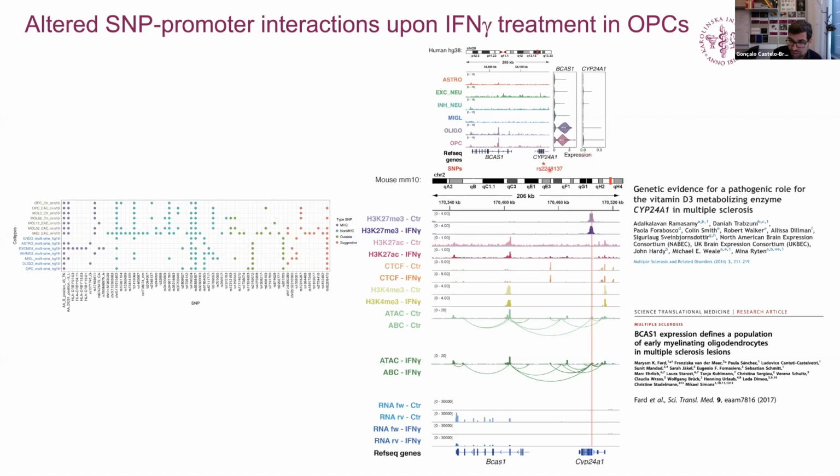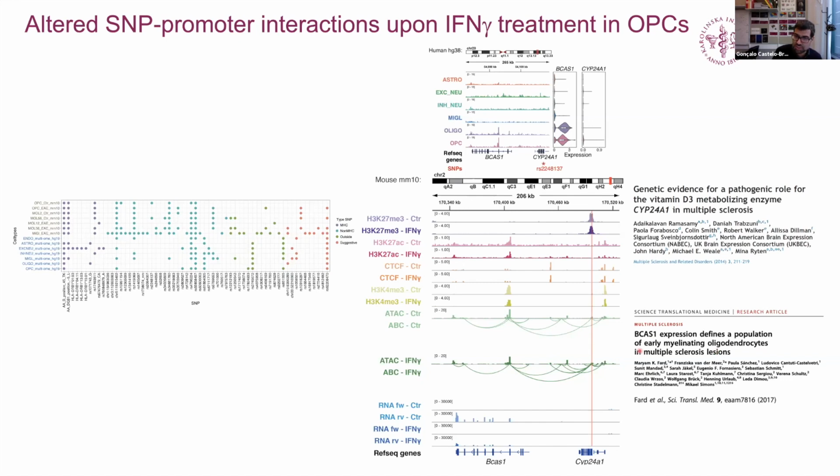What we found was that there is another SNP in this locus that does not have much chromatin accessibility, but when we look at the same locus in our mouse data, it overlaps in our OPCs with a region with a lot of H3K27me3 methylation. Upon interferon gamma treatment, with our Hi-ChIP data, we observed an increased interaction of this locus with a neighboring locus, which is in the promoter of the BCAS1 gene. This was quite interesting because BCAS1 is a gene involved in early oligodendrocyte differentiation.